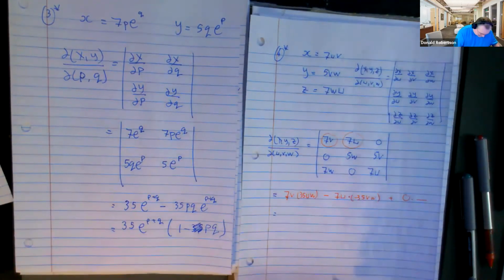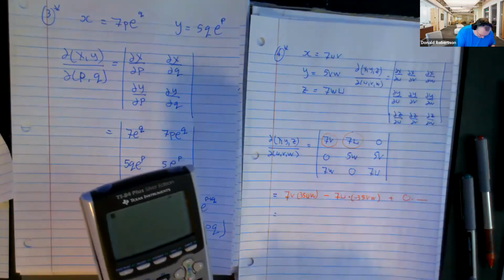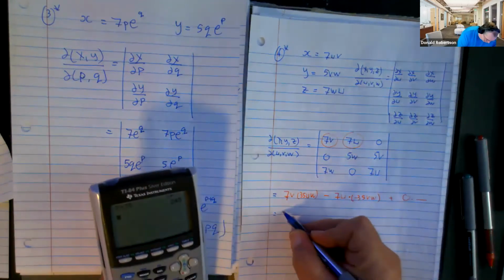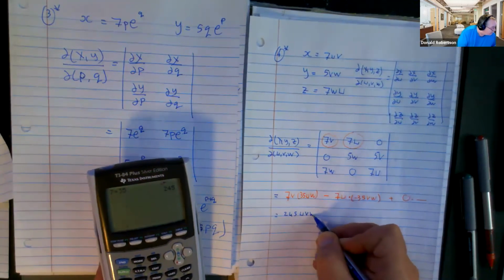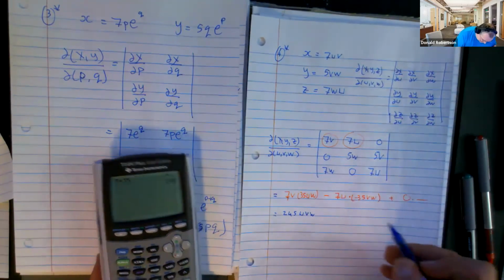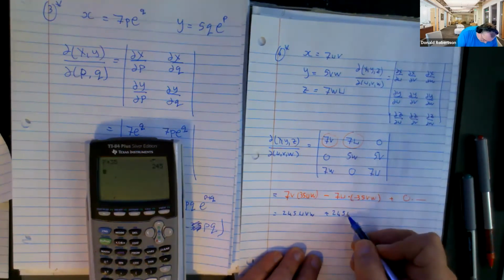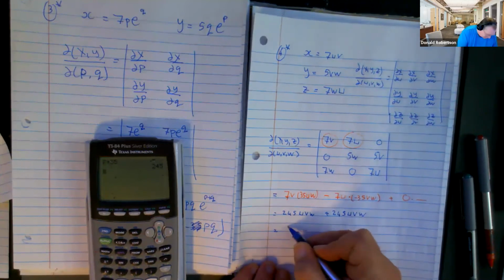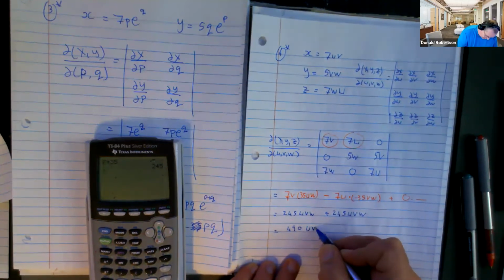If you multiply all these pieces together, you get 7 times 35, which is 245uvw. And 2 negatives make a plus, and you get 245uvw. And so you end up with 490uvw.